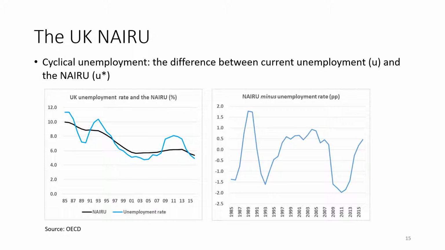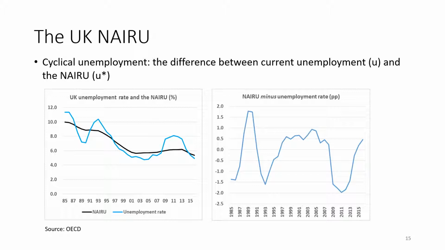Here is some data I pulled from the OECD website, and it shows an estimate of the UK non-accelerating inflation rate of unemployment, or the NAIRU, and the actual rate of unemployment. You'll notice that the actual unemployment rate moves cyclically around the NAIRU.